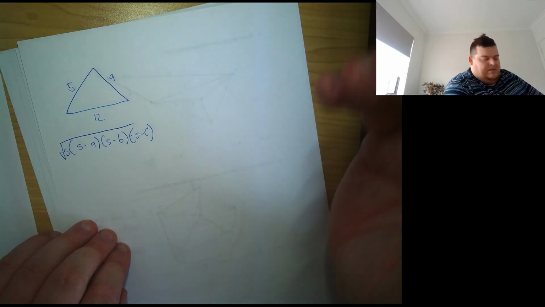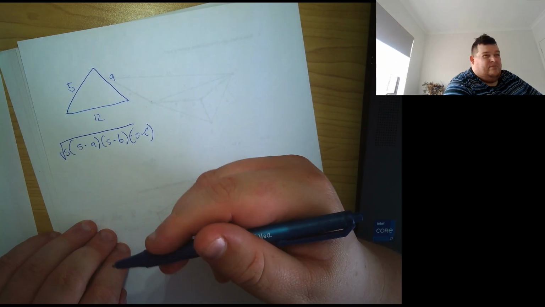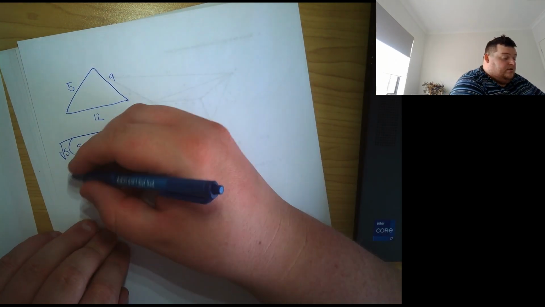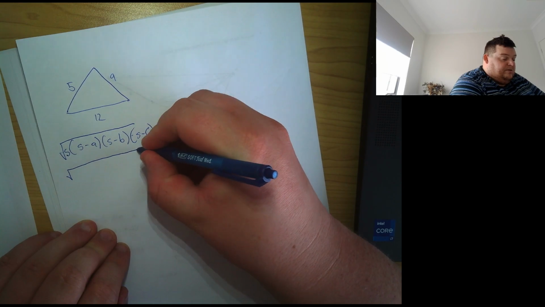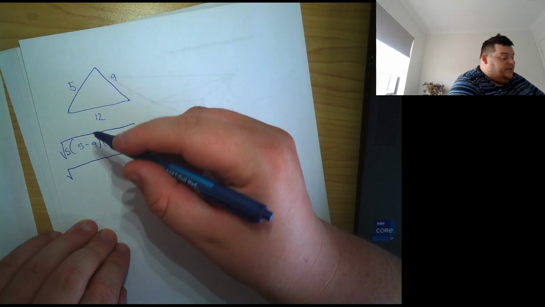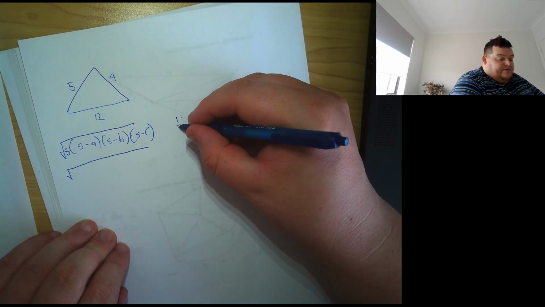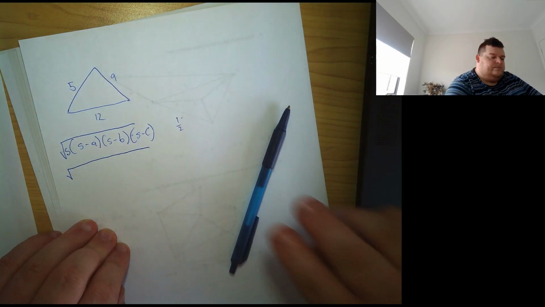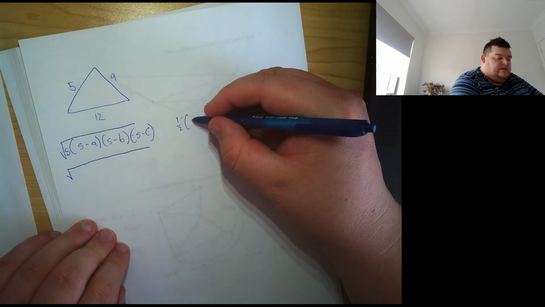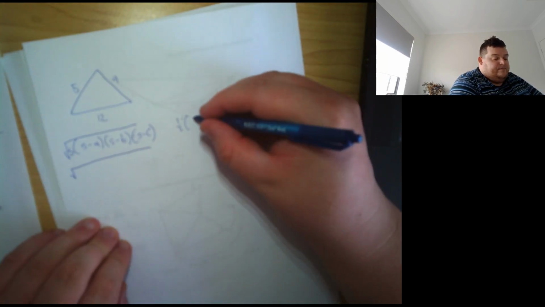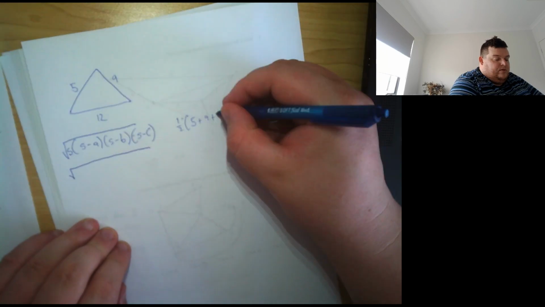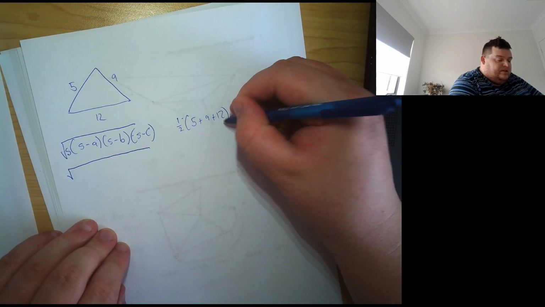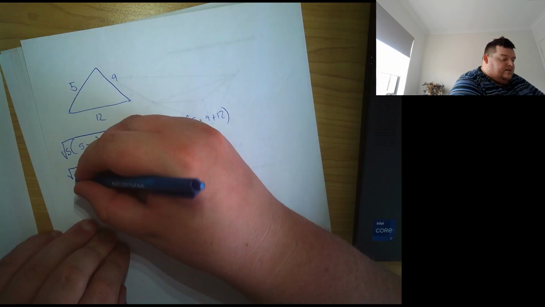I figured out that was impossible, by the way, because you can't square root a negative number, which means something was wrong. So S is a half of A plus B plus C, which is 5 plus 9 plus 12, which is 26. Half of that's 13.